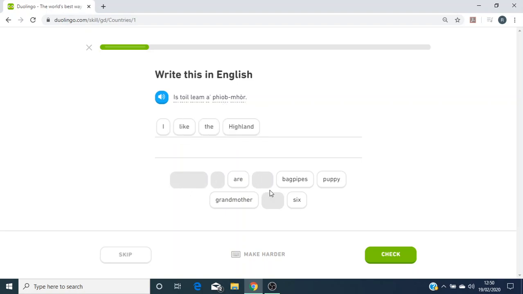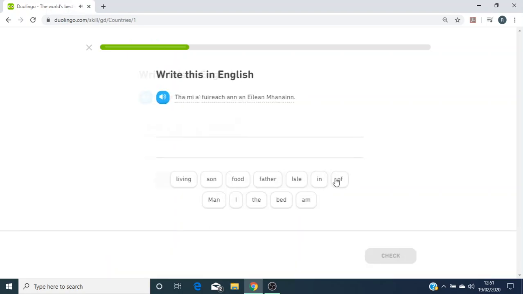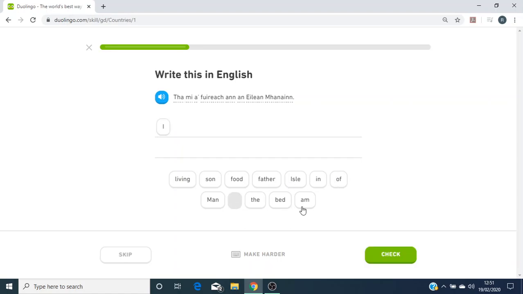Germany is important. That's I live in the Isle of Man, or I am living in the Isle of Man.